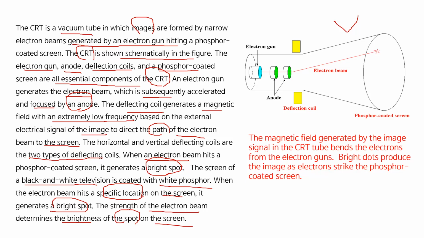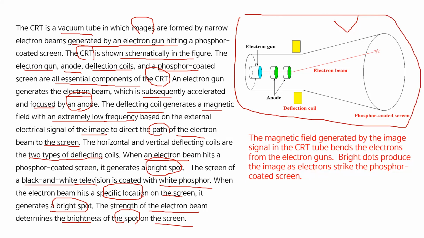Thus, this figure shows the schematic figure of the CRT. The magnetic field generated by image signal in the CRT tube bends the electrons from the electron guns. The bright spots produce images as electrons strike the phosphor-coated screen.